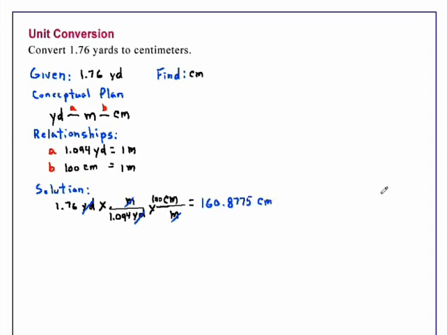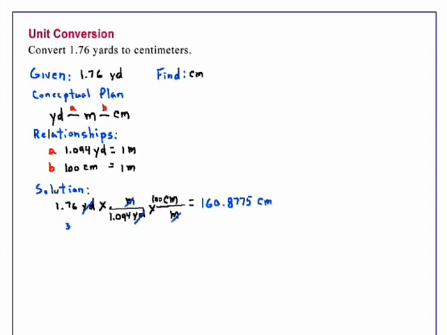However, we know that we can't have this number of significant digits in our answer, because in our first entry we have 3 significant digits, and the other 2 factors are defined, so they don't limit us.